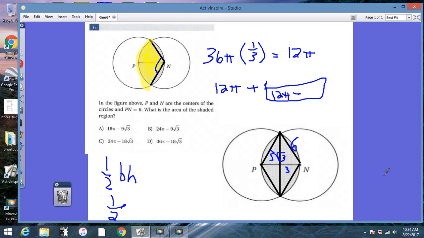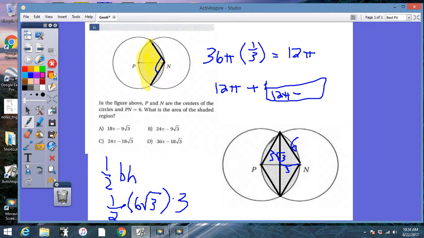So this big triangle on the right hand side, the base is going to be 3 square root of 3 plus another 3 square root of 3, which is 6 root 3. And then the height is this piece, which is times 3. That was the area of this triangle.